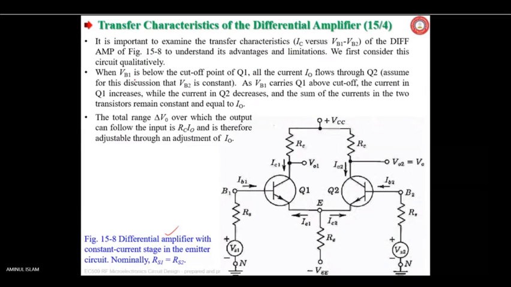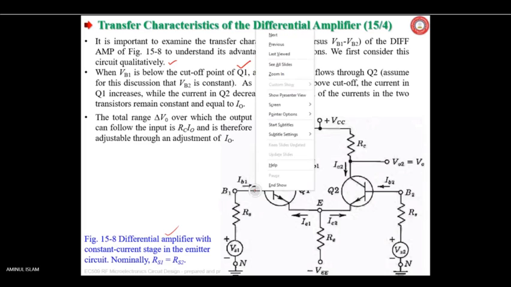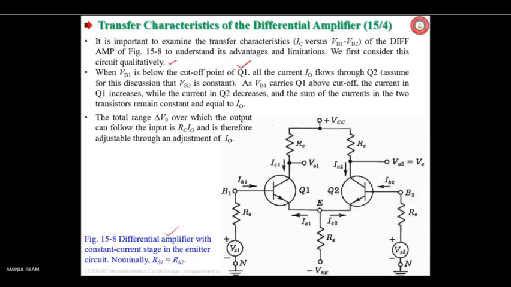We first consider this circuit qualitatively, not numerically or mathematically. When VB1 is below the cutoff point of Q1, all the current IO flows through Q2, remember.